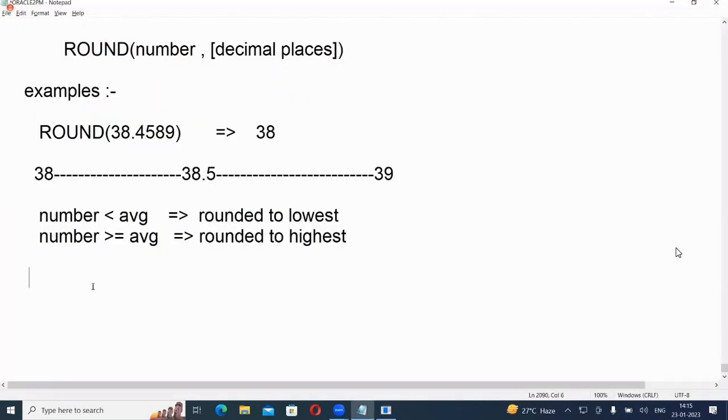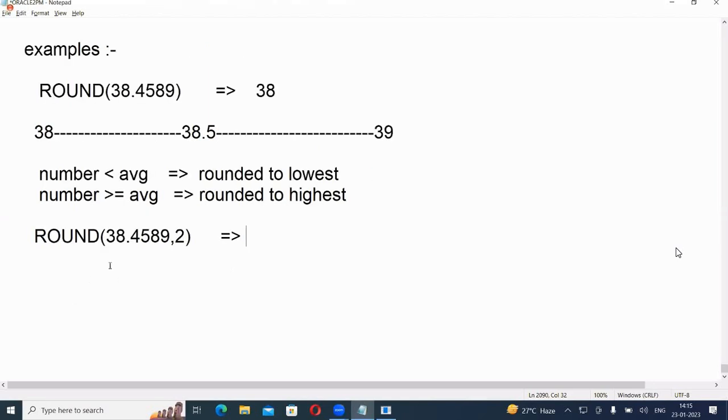Yes. But if I say round off 38.4589, comma 2, what is the meaning of this? Round this number to 2 decimals.